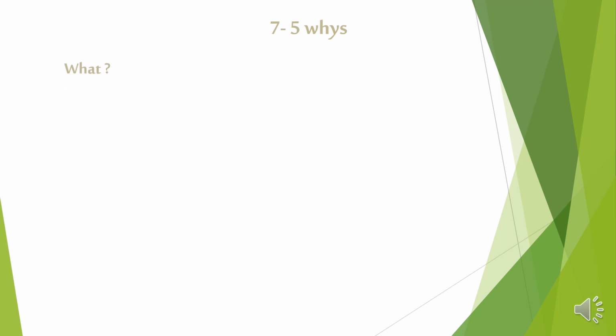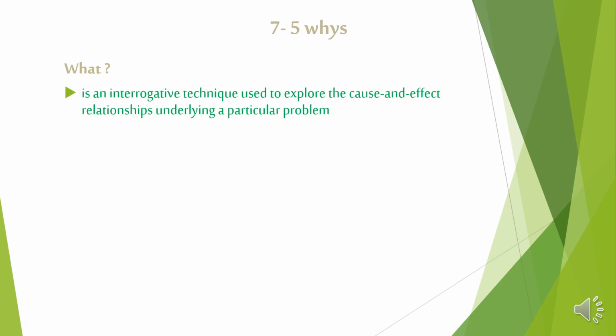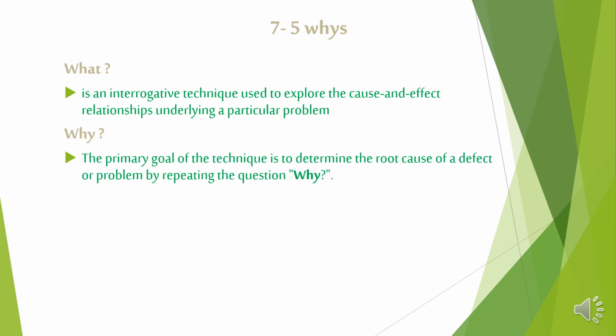And at the last, number 7, as we said, the 5 whys. What is 5 whys? It's an interactive technique used to explore the cause and effect relationship underlying a particular problem. If you want to know the real cause of a problem, you have to ask the people or ask yourself 5 questions, or 5 whys.